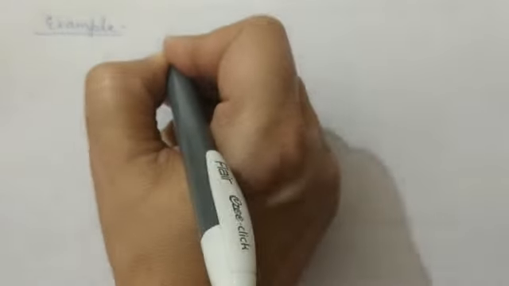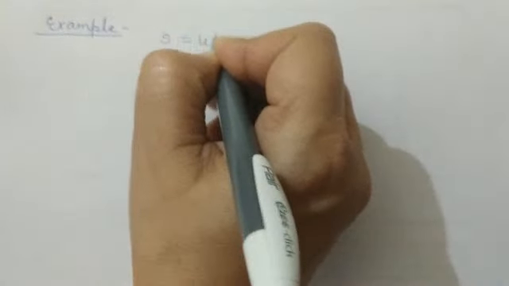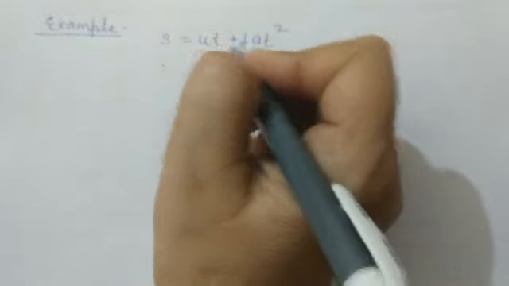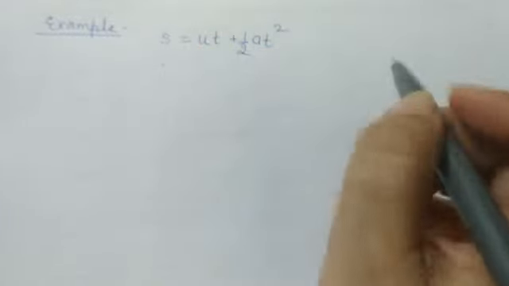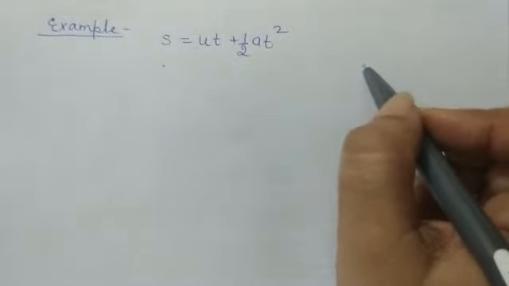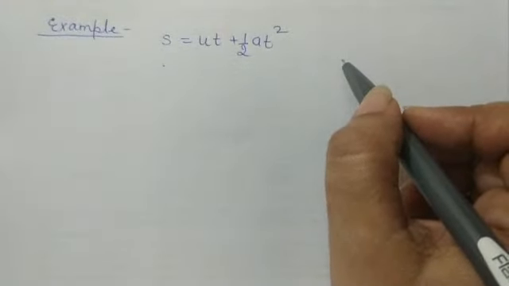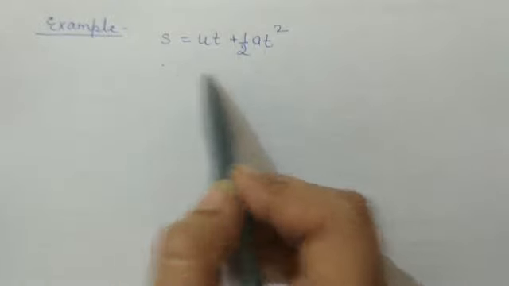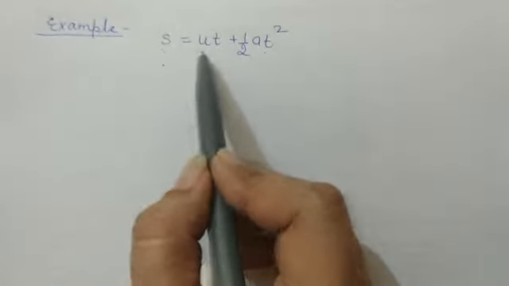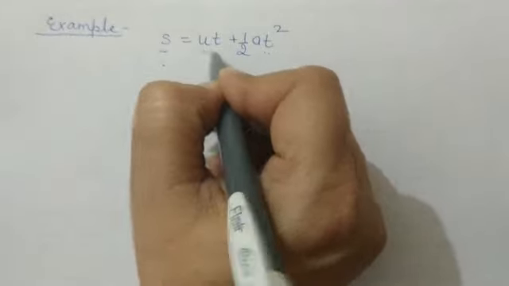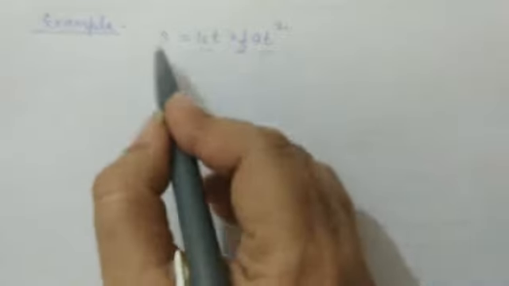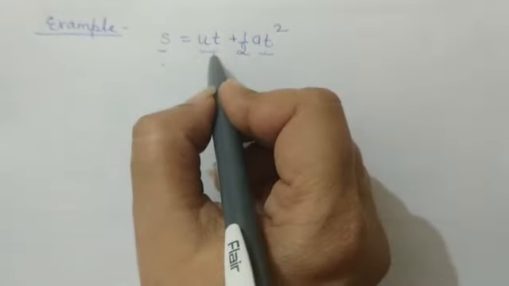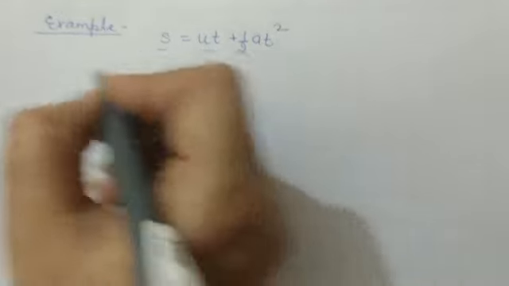Another example, S is equal to ut plus half at square. This is the second linear equation, Newton's linear equation of motion. Now in this equation, we have more than one term on the right hand side. In such a case, each term like S, ut, half at square should have the same dimension because we can add only like quantities.